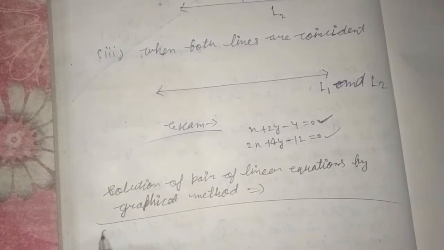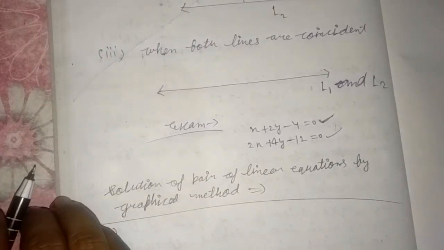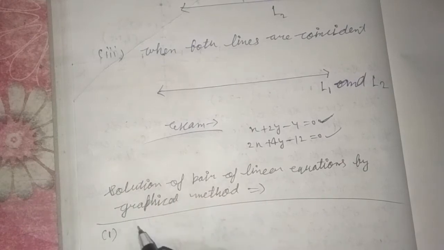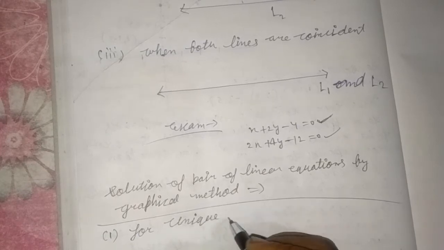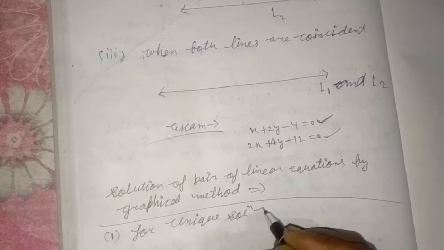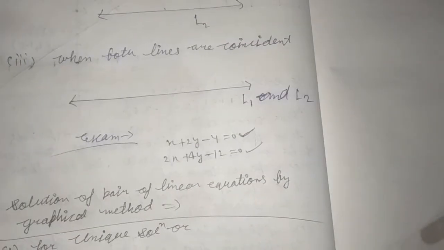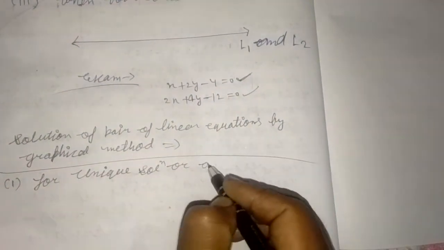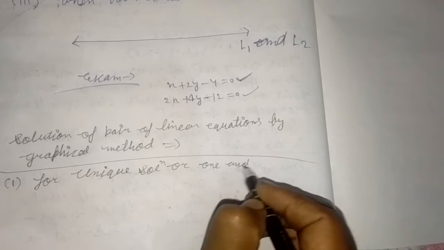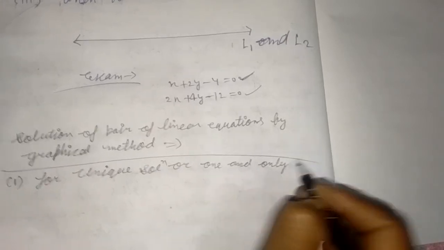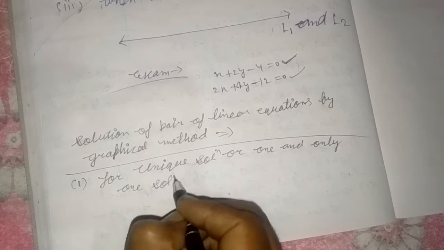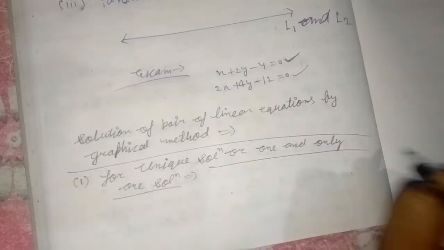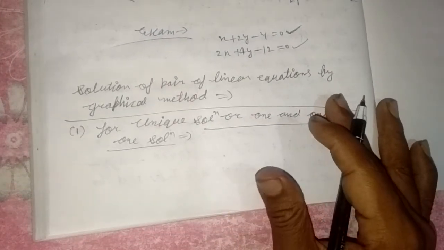So in this we write the first point, unique solution, or you can say one and only one solution. Okay, next line.